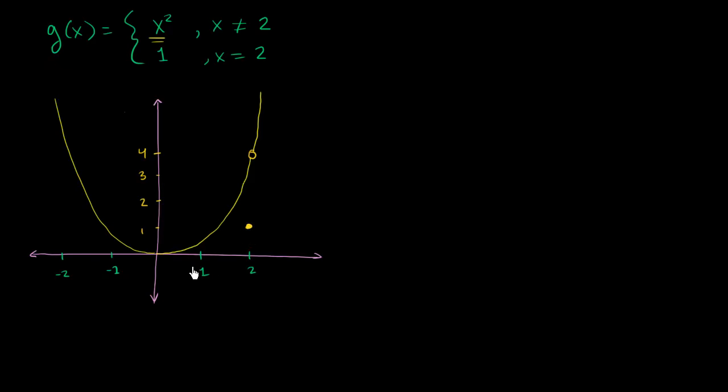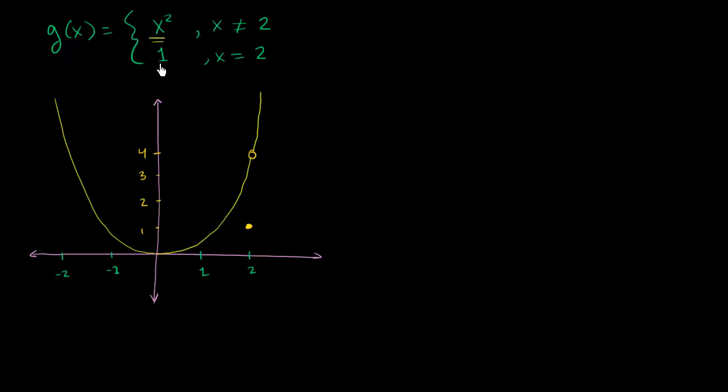This is a bit of a bizarre function, but we can define it this way. You can define a function however you like. And so notice, it's just like the graph of f of x is equal to x squared, except when you get to 2, it has this gap, because you don't use f of x is equal to x squared when x is equal to 2.